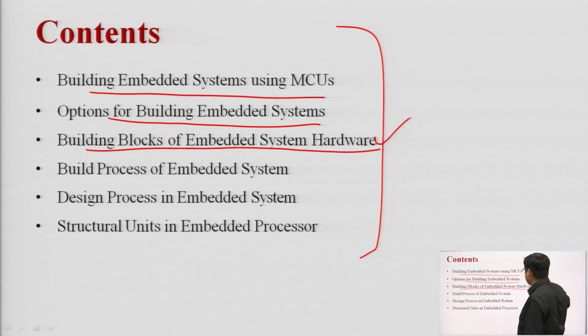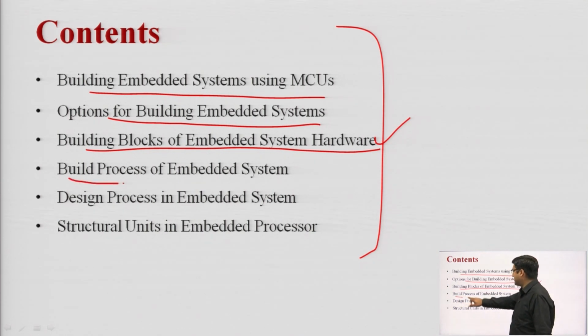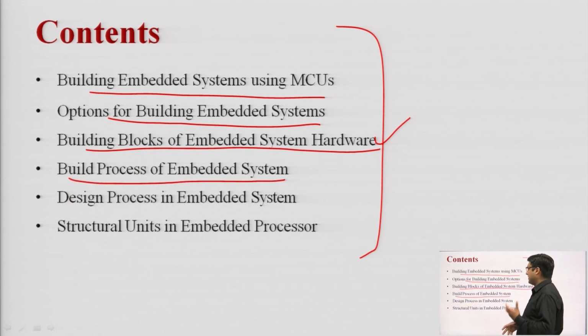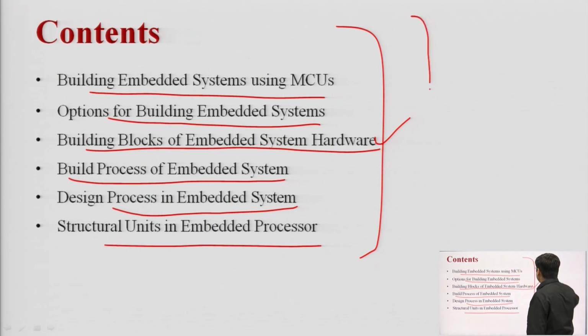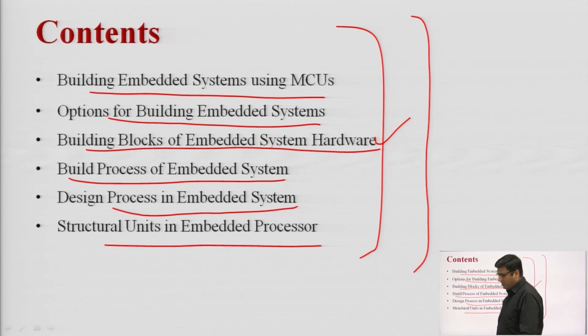After that, the build process of an embedded system, and the design process we can use in an embedded system. What are the structural units in an embedded processor? We will discuss this table of contents in today's lecture.